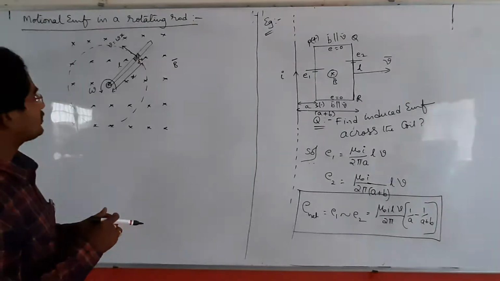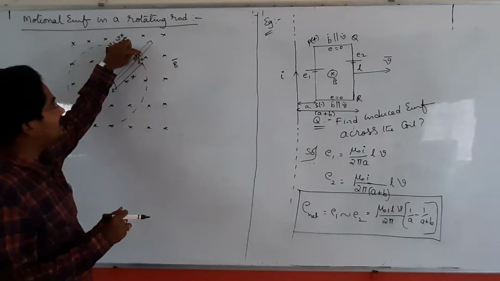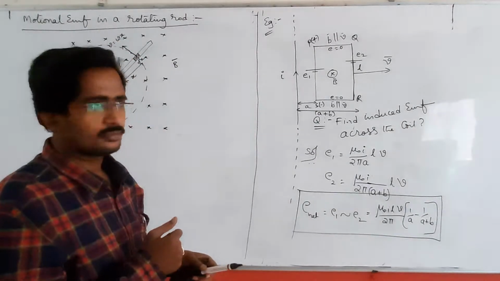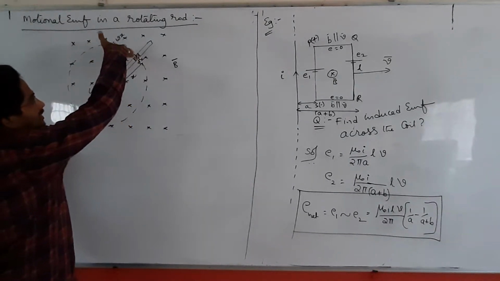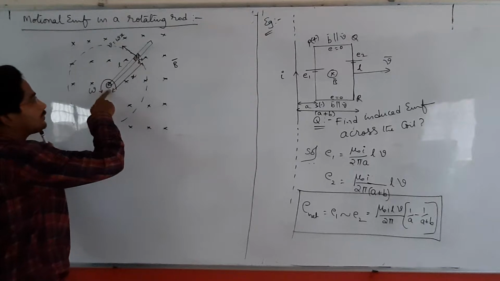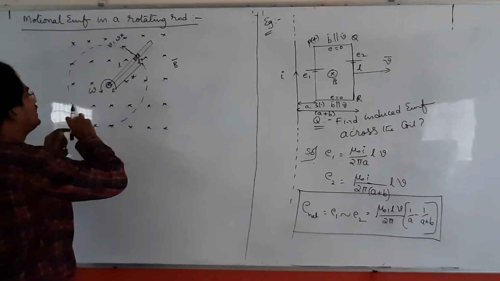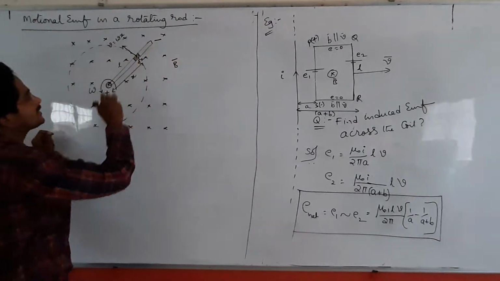Then you tell me, across this element, which end is at high potential, which end is at low potential. For that, again, we need to apply the palm rule. So, if you put your fingers inwardly, velocity is in this way, then the hinge point is at high potential, this end is at low potential.